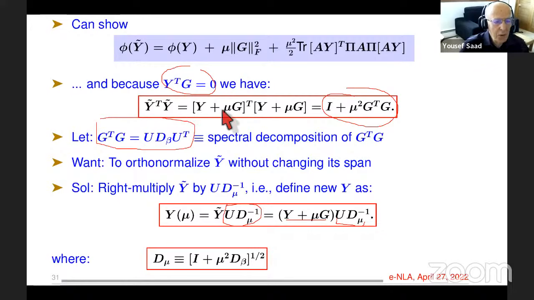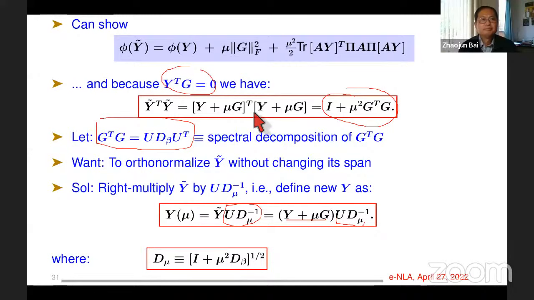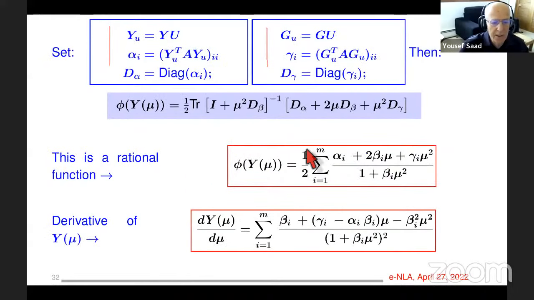I could do this for any other method, but the G here is the gradient for this function phi that I defined earlier. So it's an exact line search. You can view it that way. Okay, so let's move on.